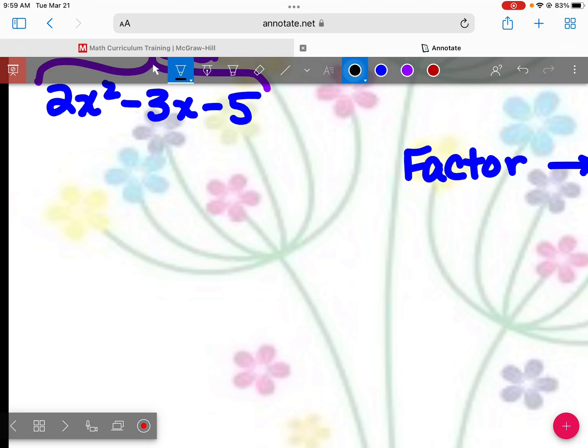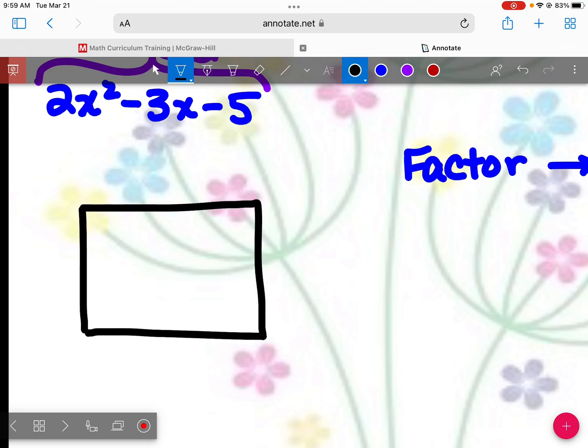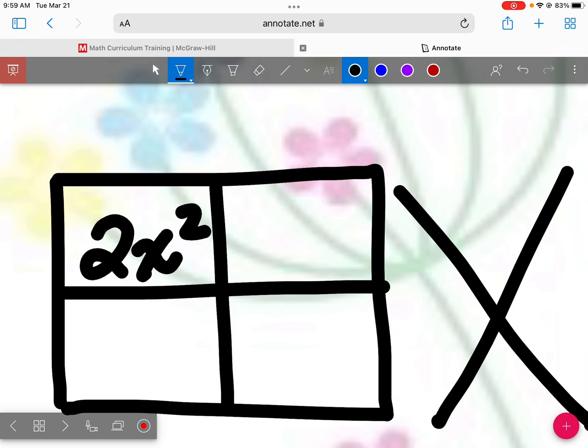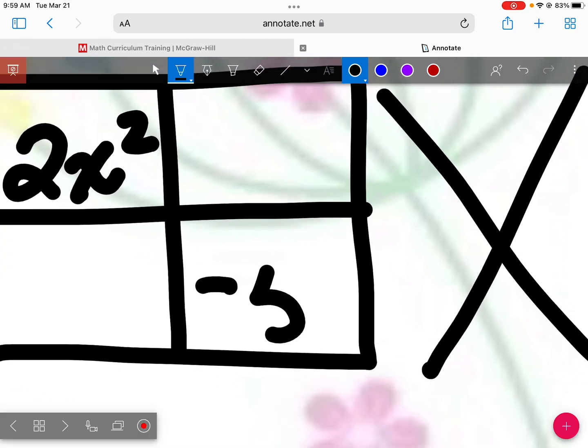So that means I move right on to my area model and my x. I put 2x squared up here and negative 5 down here. Remember, the stuff that goes in the area model should be a representation of what I started off with.